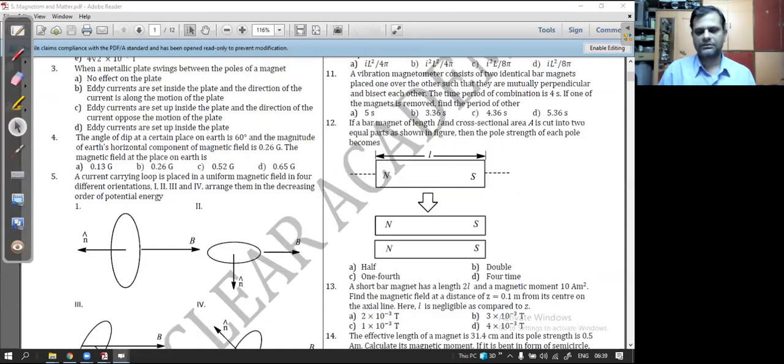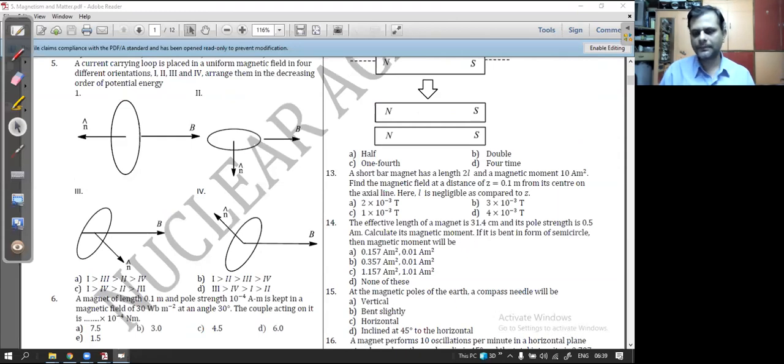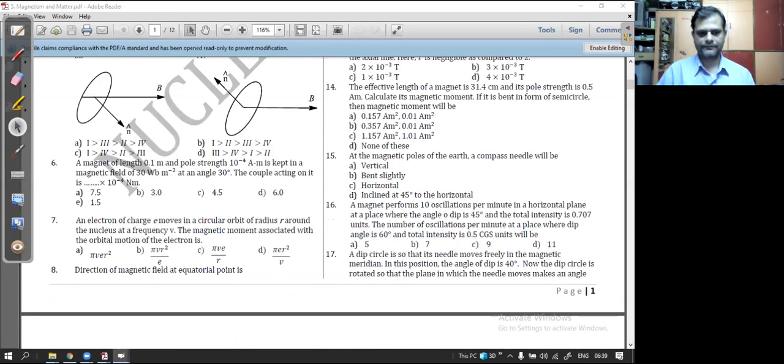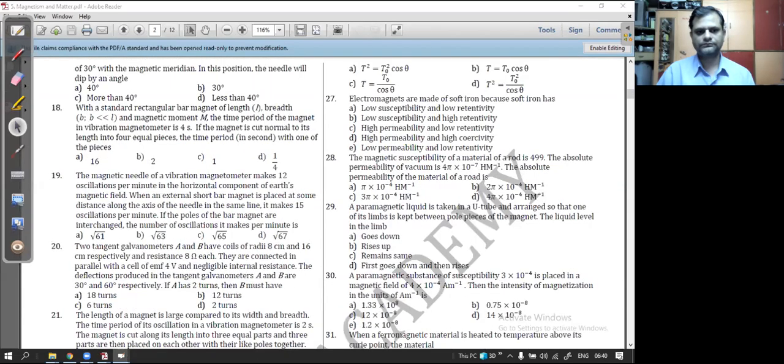Yes, let us check the next one. हाँ, ये वाला देखेंगे एक बार ठीक से, 19th one.